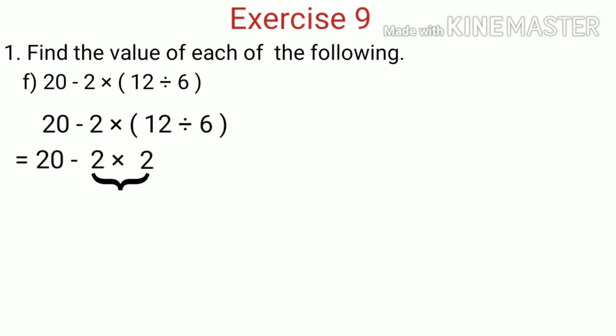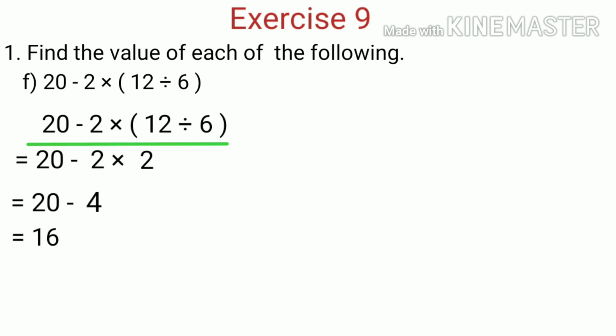When we multiply 2 by 2, we get 4. So the expression becomes 20 minus 4. Now since the expression involves only subtraction, we will subtract 4 from 20. And when we subtract 4 from 20, we get 16. So 20 minus 2 into open bracket 12 divided by 6 close bracket is equal to 16.